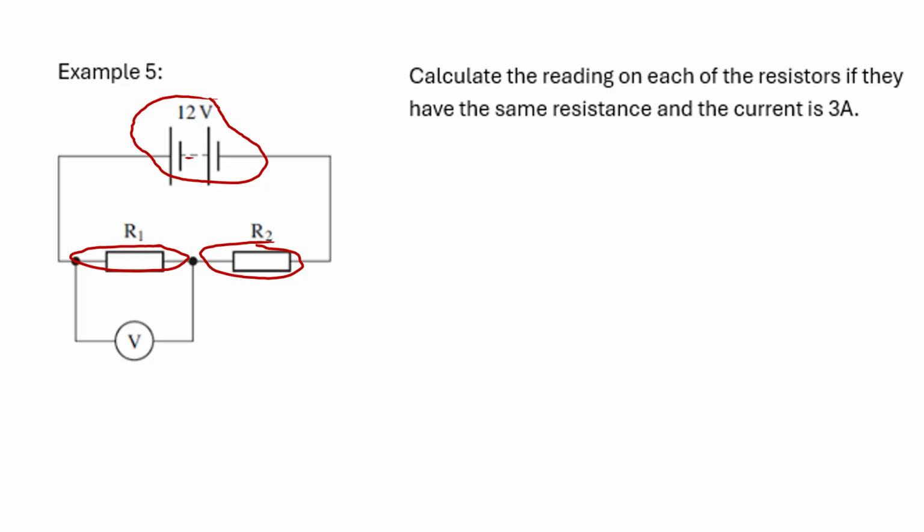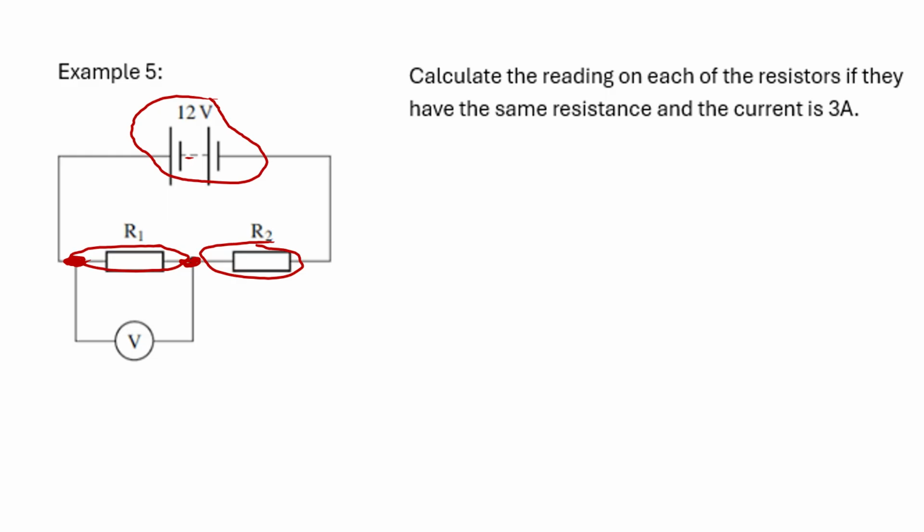This voltmeter over here is only over R1, so it's only going to be measuring R1's incoming and outgoing electricity. Calculate the reading on each of the resistors if they have the same resistance and current is 3 amps. So they're telling us that they have the same resistance. So if R1 is 5, then R2 is 5.